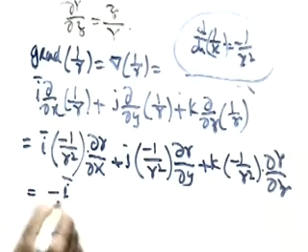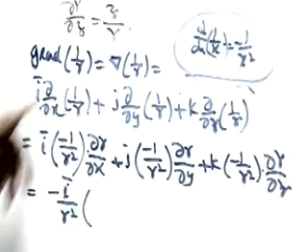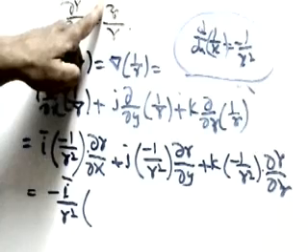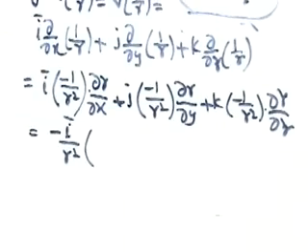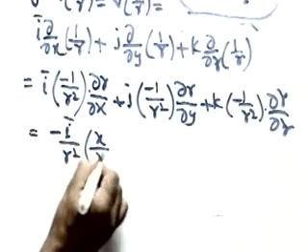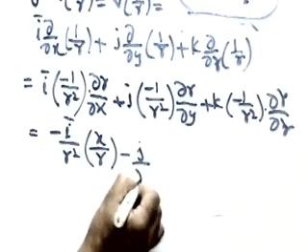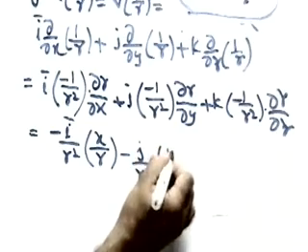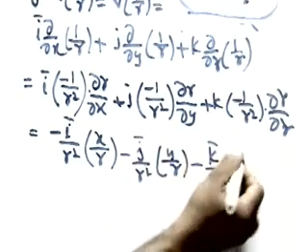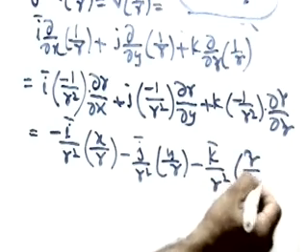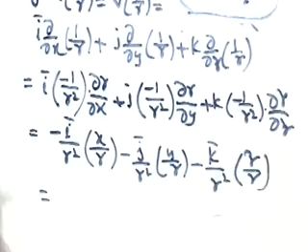We have minus i vector by r square into dou r by dou x, which is x by r, minus j by r square into y by r, minus k by r square into z by r.